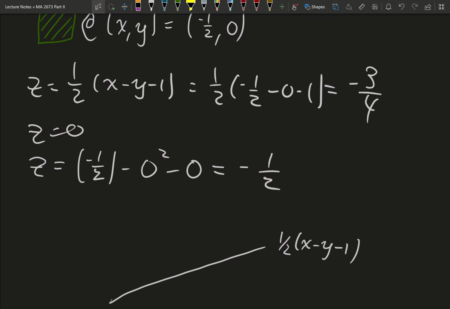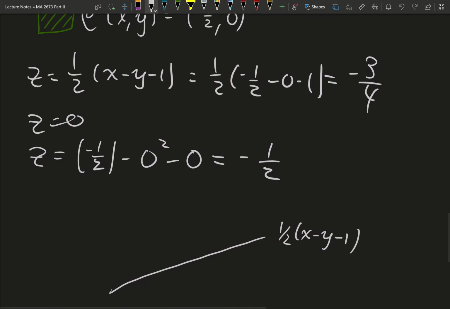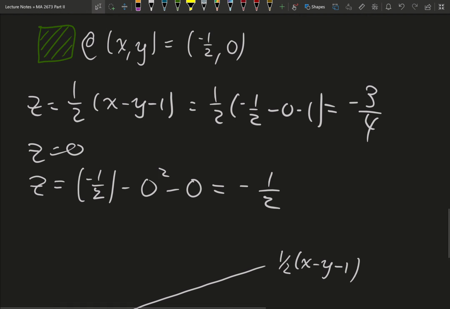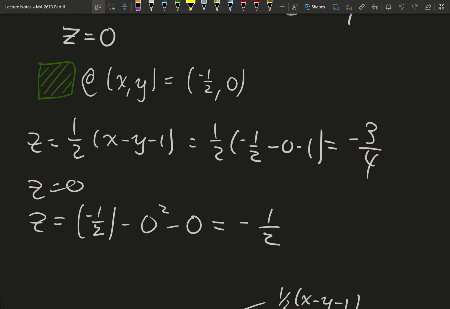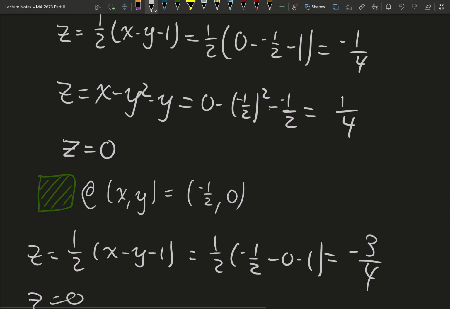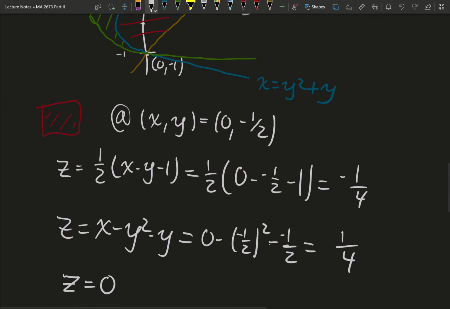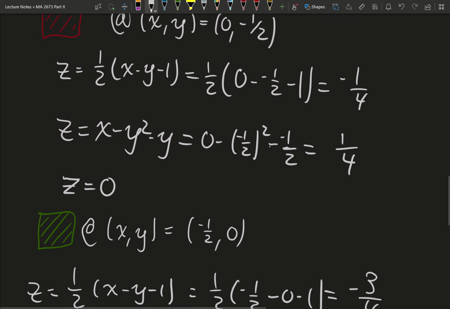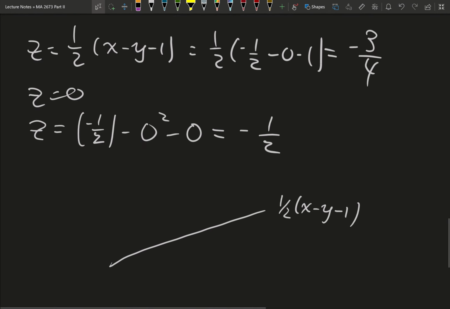And this is sort of the lowest in both of the regions. So this is always going to be our lower bound. We also have the line z equals 0. That is sort of the second lowest thing for part of it.